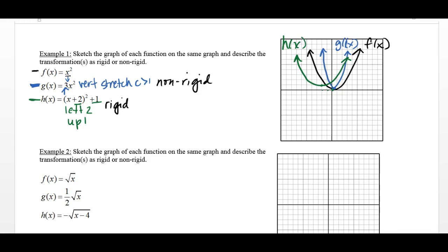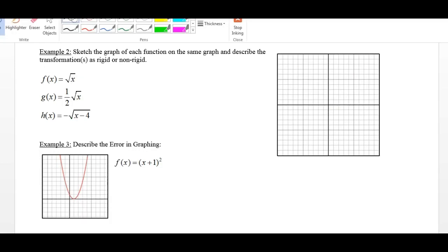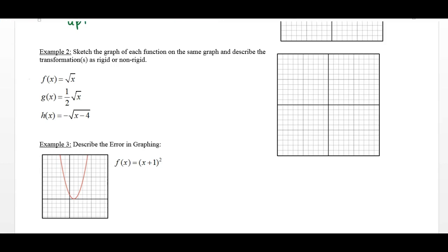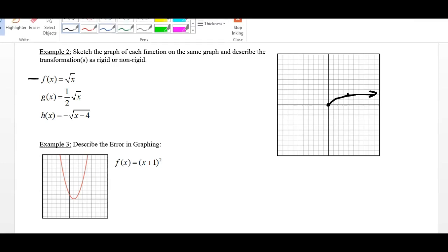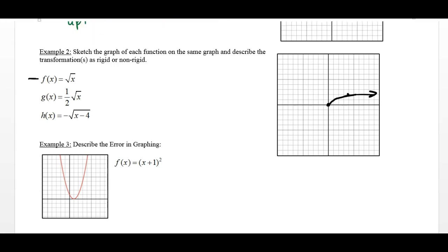Okay, now we're going to try this again with number 2. We're going to start with the parent function, y equals the square root of x, right? That's the diving board picture. It starts here, and it goes like this. Okay, so there it is. Now, let's do g of x in blue.